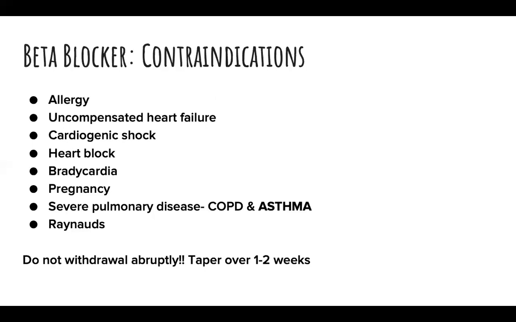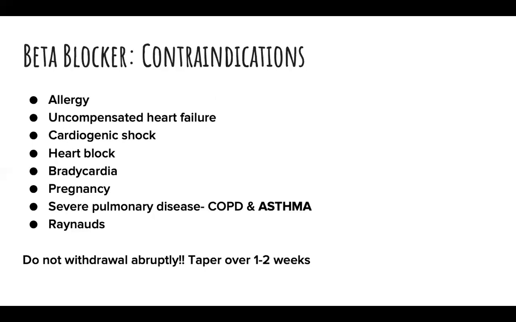And then which receptor are we concerned about if somebody has COPD and asthma? Blockade at beta 2. Remember, if we're blocking beta 2 receptors, we're going to see bronchoconstriction. If we have bronchoconstriction, we are not going to breathe as well.